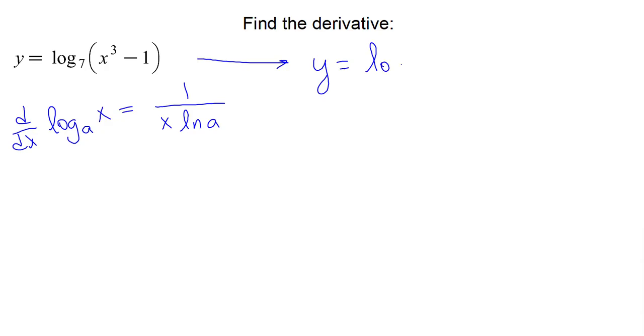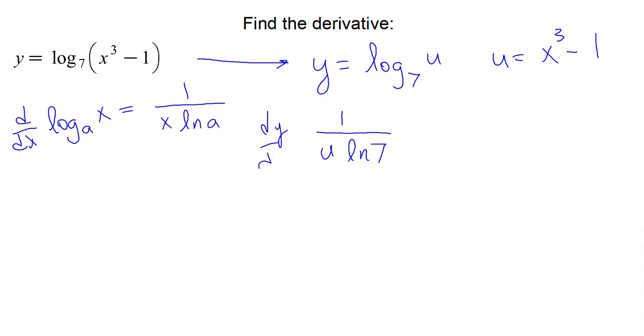We've got y equals log base 7 of u, where u is x cubed minus 1. So we'll first start off by using the log derivative rule here. It says this should be 1 over u times the natural log of the base, which was 7. And we write that that's dy du.